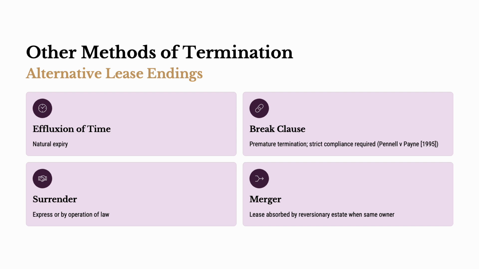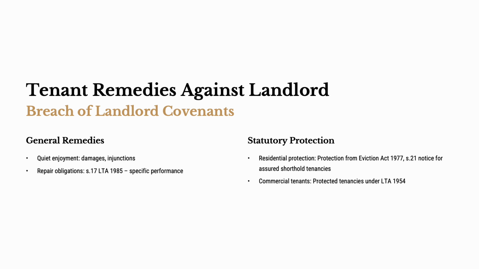Merger occurs when the lease and the reversion vest in the same person with no intermediate interest, that is, where there is a lease and the freehold has been bought by the tenant. At that point, both titles or both estates merge into the same person. So tenant remedies. Tenants also need remedies when landlord breaches covenant.